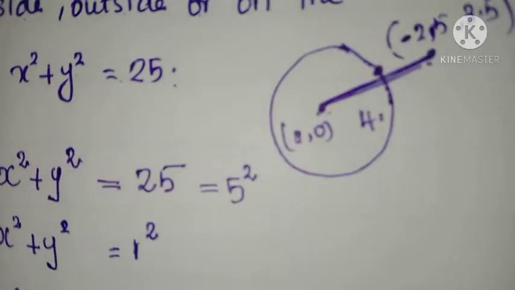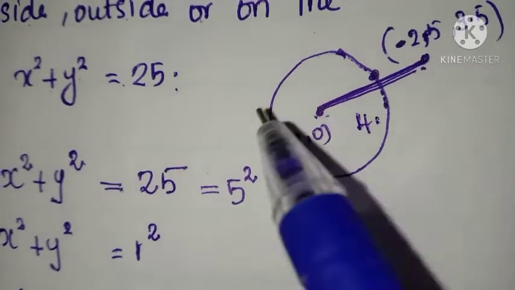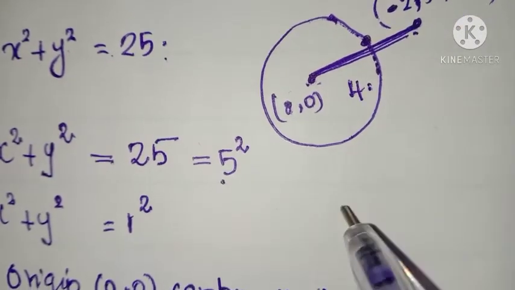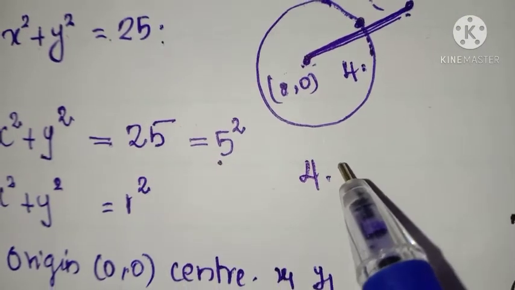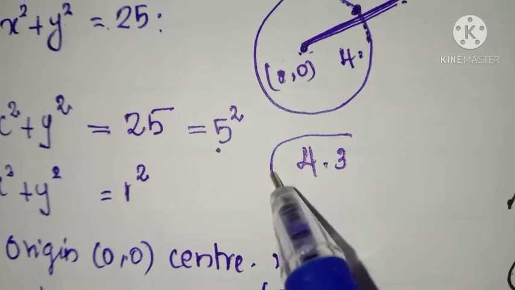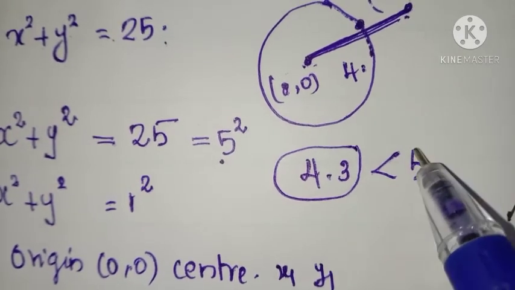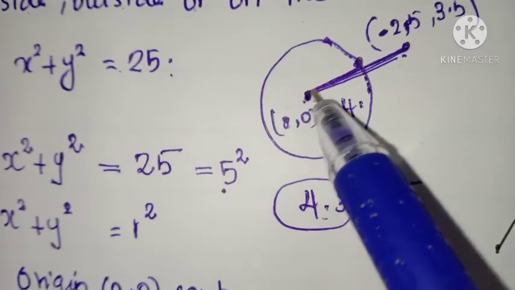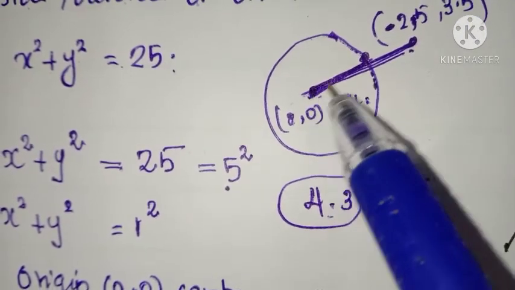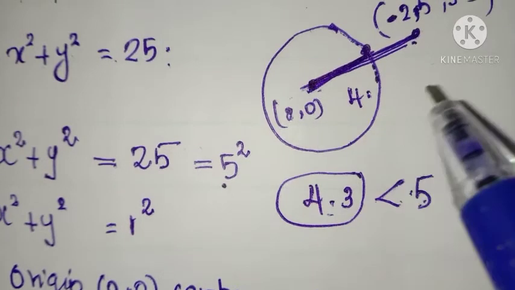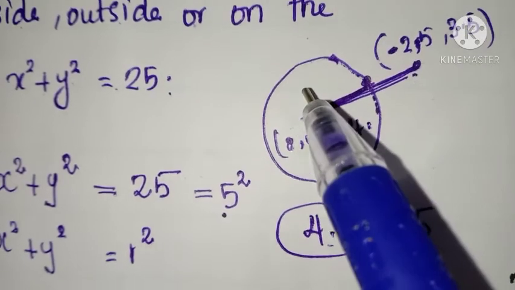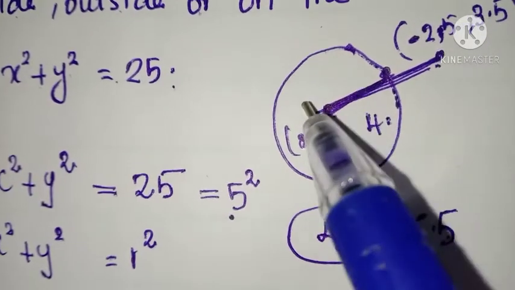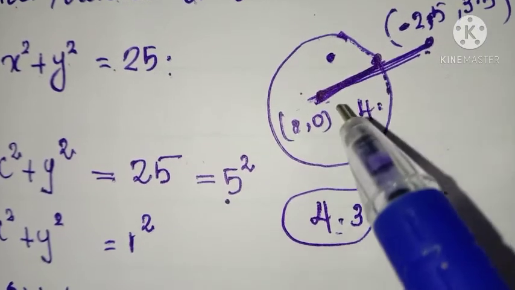Our radius is 5. This 4.3 value is less than 5, which means less than the radius. So this distance is less than 5, which means definitely this point lies inside the circle.